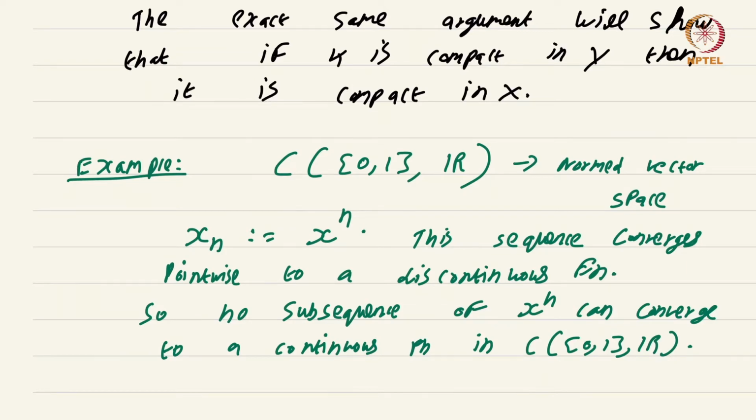But here x̄_n converges pointwise to a discontinuous function. Therefore, any subsequence of x̄_n must also converge pointwise to a discontinuous function. But we already know that a uniform limit of continuous functions must be continuous. So putting all these remarks together, there is no way that some subsequence of x̄_n can converge in C([0,1], R) to a function f in C([0,1], R).